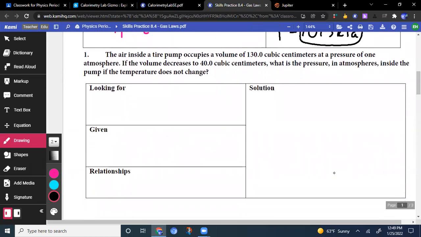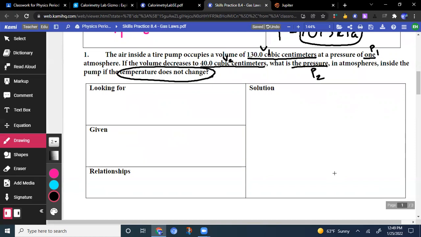Number 1. The air inside a tire pump occupies a volume of 130 cubic centimeters. We'll call this V1. At a pressure of 1 atmosphere, that would be P1. The volume decreases to 40 cubic centimeters, that would be V2, and we're looking for the pressure P2 if the temperature does not change.